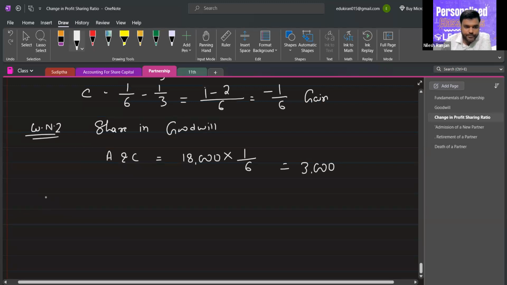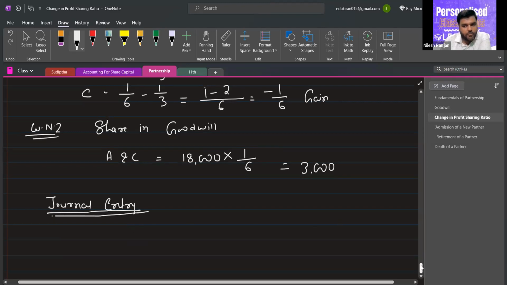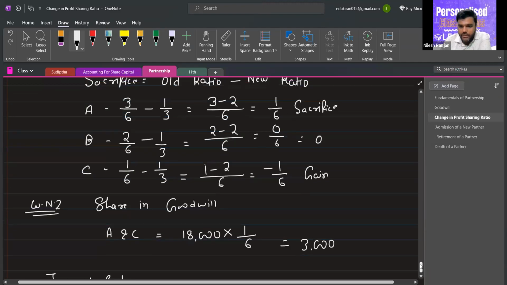The journal entry is gaining partner's capital account debit to sacrificing partner's capital account. So can you tell me which partner's name will be debited and which partner's name will be credited? Yes, C is the gaining partner, so C's capital account debit to A's capital account. Very good.